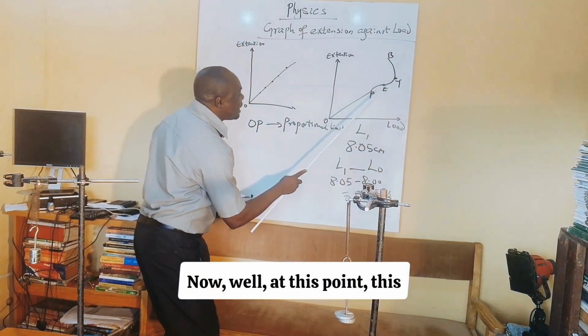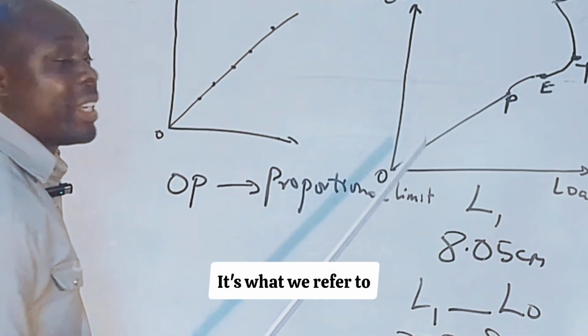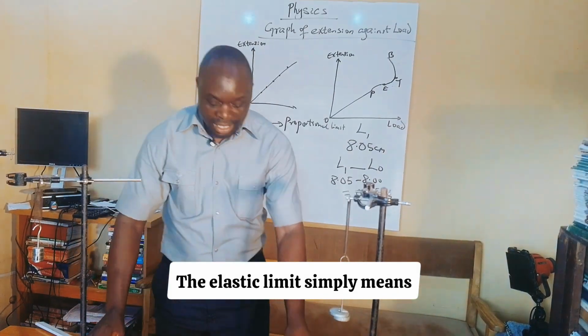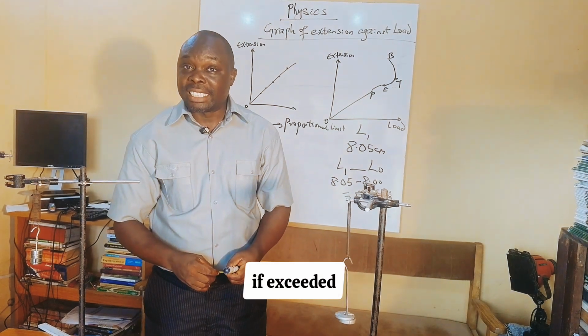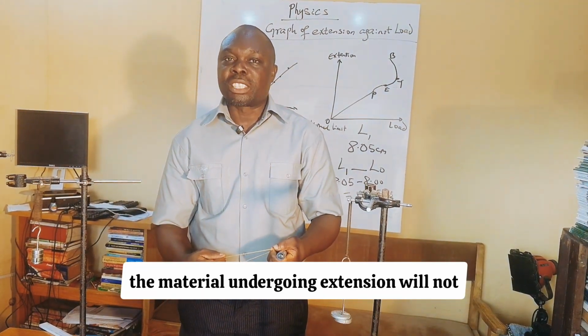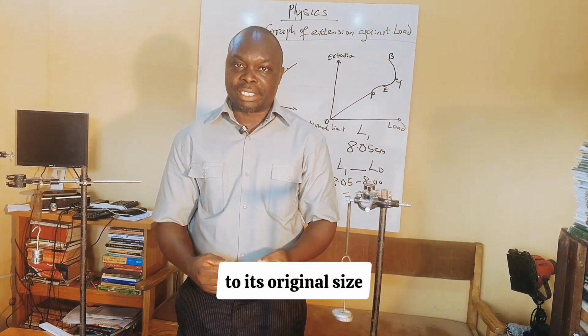Now, this particular point called E is what we refer to as the elastic limit. The elastic limit simply means that particular point that, if exceeded, the material undergoing extension will not return to its original shape, to its original size.